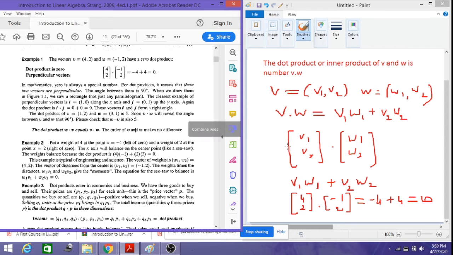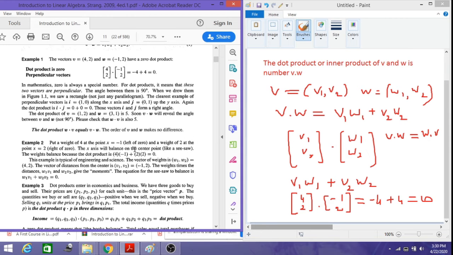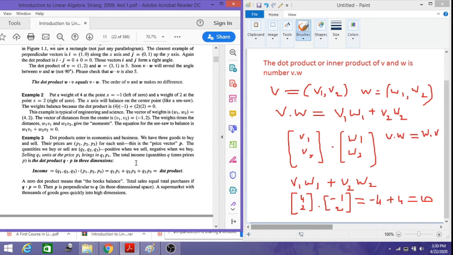One more property of the dot product is that V dot W is equal to W dot V. Both result in the same thing, and it doesn't make any difference.